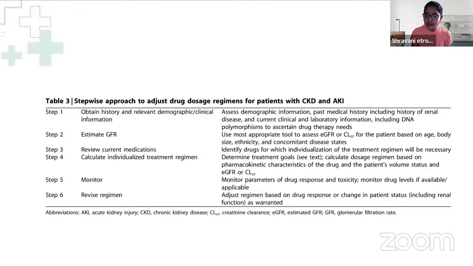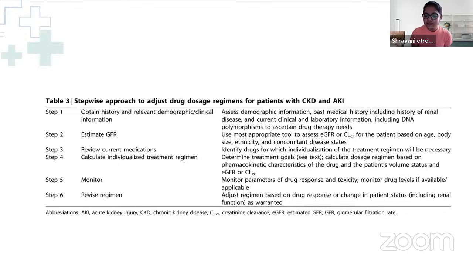So you have to determine the treatment goals and calculate the dosage regimen based on the pharmacokinetic characteristics of the drug, the patient's volume status, and eGFR. After that, you have to monitor the patient. So you have adjusted a drug for a patient, and the next step is to monitor whether the patient is responding to the treatment or not.